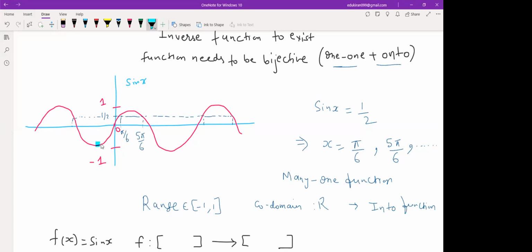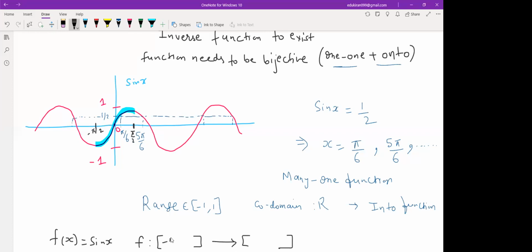If we select this branch and neglect the further branches, whether on the right or on the left, we will see that this function becomes 1-1. We take the value -pi/2, where it is -1, to pi/2, where it is 1.